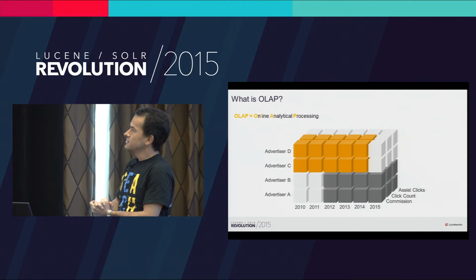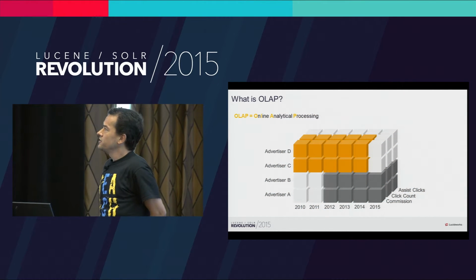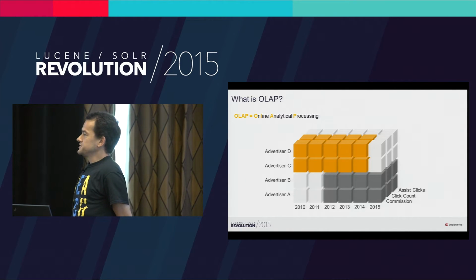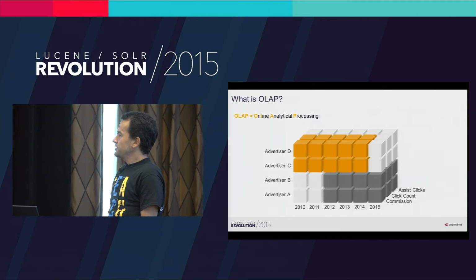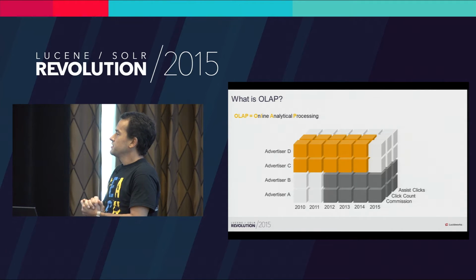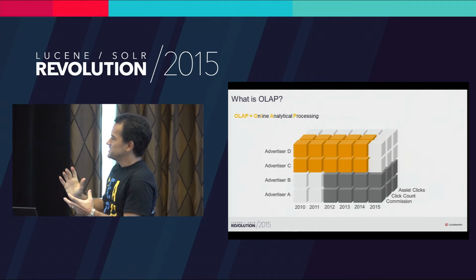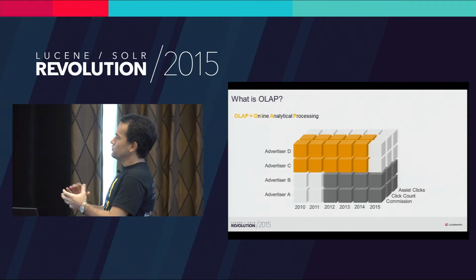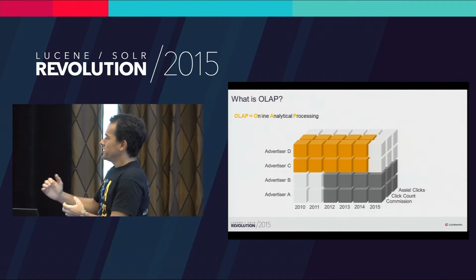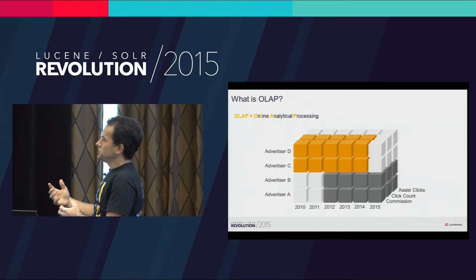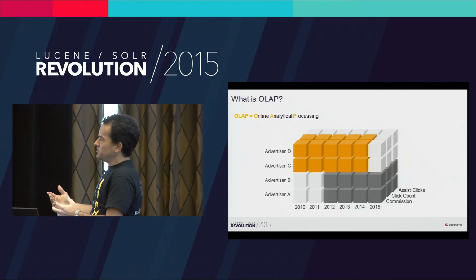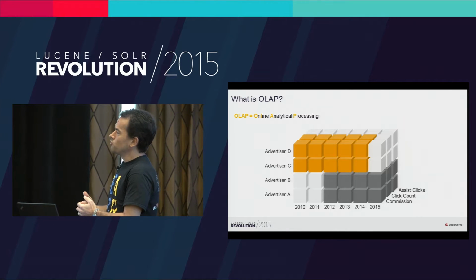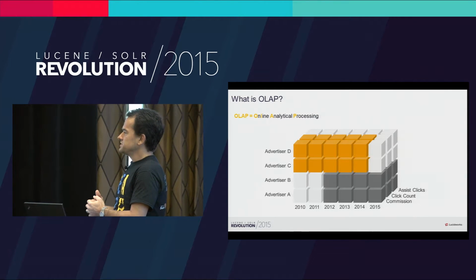Here's the next slide. We are digging into the matter, and we are explaining what is OLAP, what is online analytical processing. And I created one figure that presents that we are pre-computing data where we are grouping everything based on the year in one dimension, and in the second dimension we are grouping everything by advertiser.